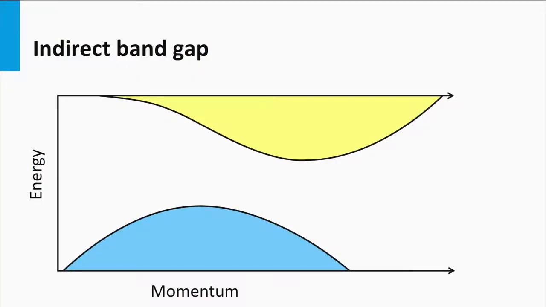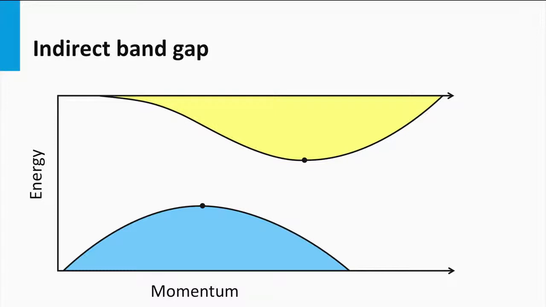For that, we have to look in the energy momentum space of the electrons. On the vertical axis we have the energy state in the electronic bands. On the horizontal axis we have the momentum of the charge carrier. This momentum is also called the crystal momentum. Important to realize is that the position of the valence and conduction band may differ in different directions of the lattice coordination.